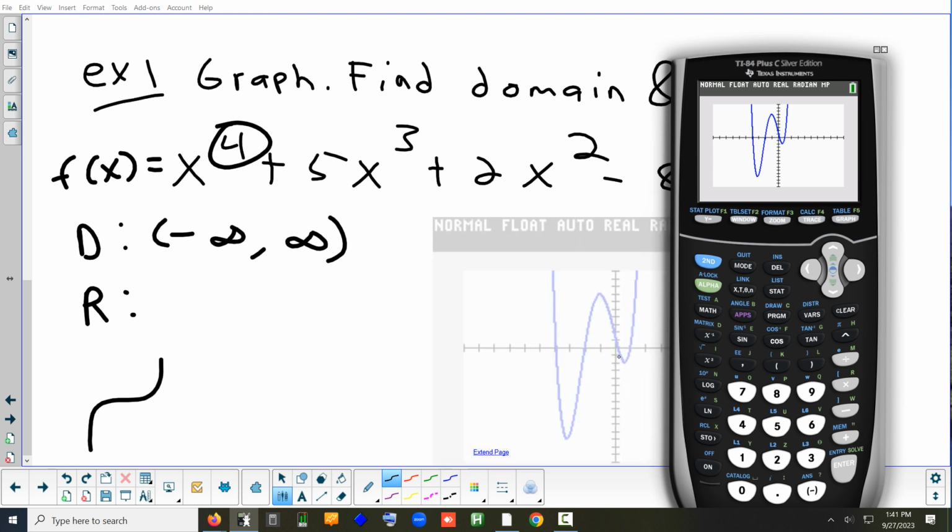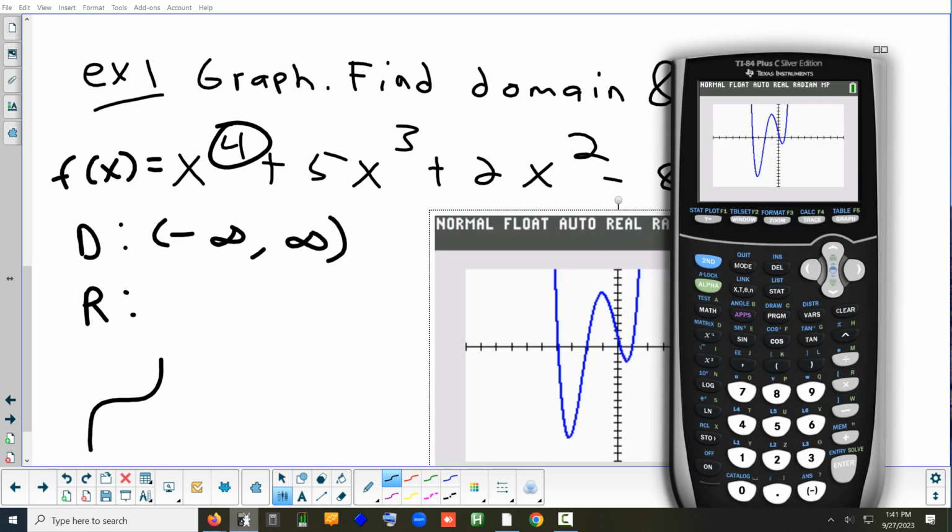How would I find the lowest that it goes? Using the calculator. Remember, yeah? Second calc minimum. Yep, second calc minimum. And you pick a point to the left, to the right, and then the guess, well, it doesn't really matter. Remember, range is the y.